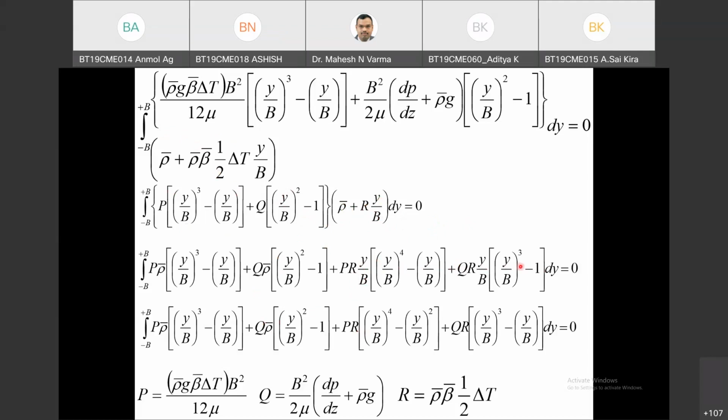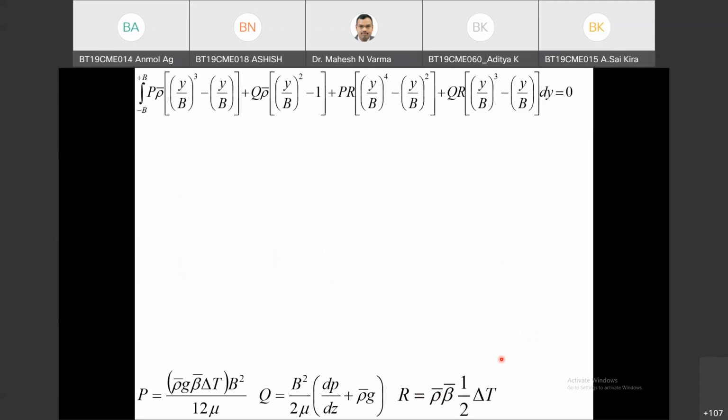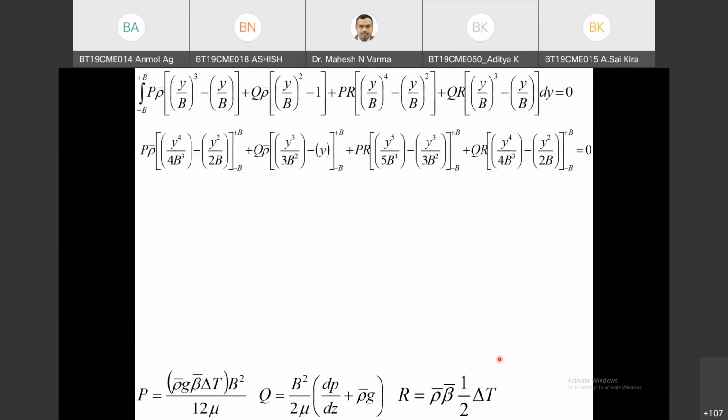Rearranging, P equals this complete term, Q equals this complete term, and R equals this complete term. Now integrating this equation.